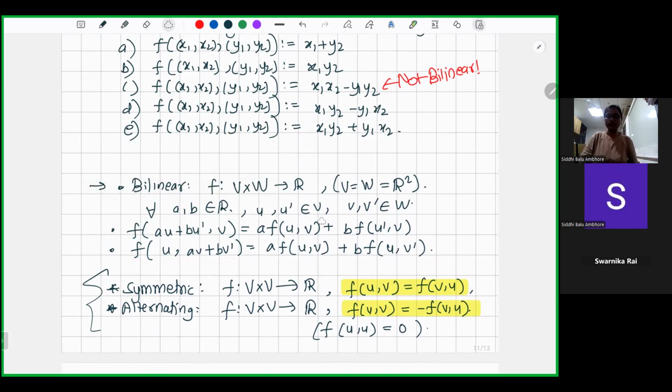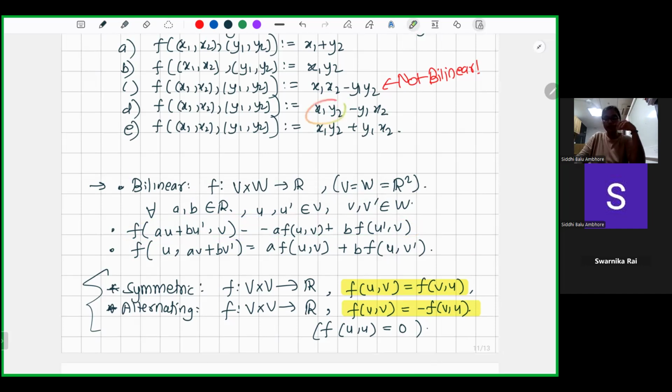On the left hand side here it will be a x1 x2. So here I will have a squared x1 x2, but here I will only have a x1 x2. Just observe this statement here, and you will understand that it won't be the case.